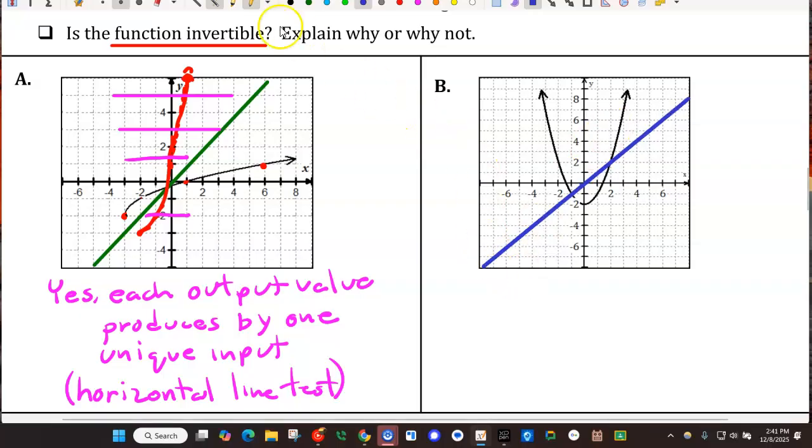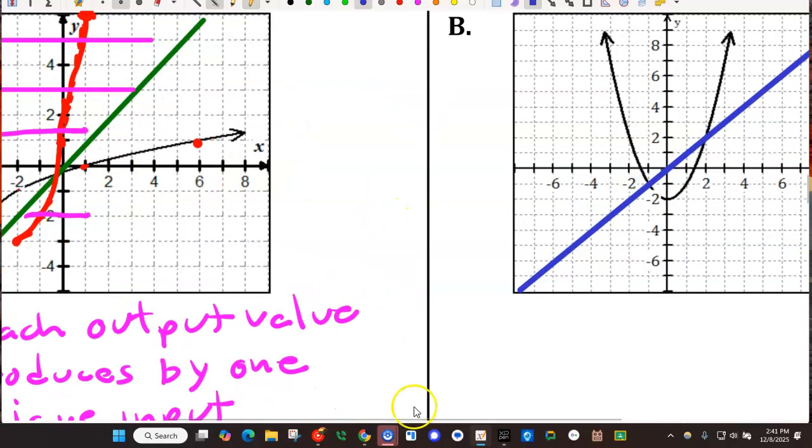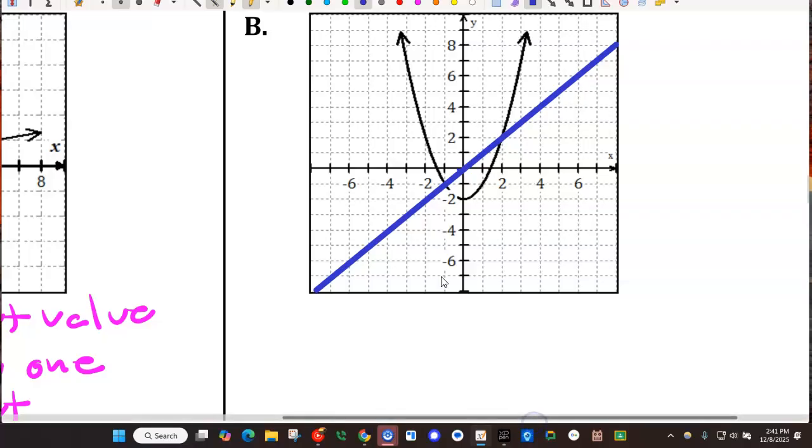There we go. And we're going to reflect it, or you can actually just exchange the coordinates. So 0, -2 becomes -2, 0. We have these two points. I'm looking for lattice points.